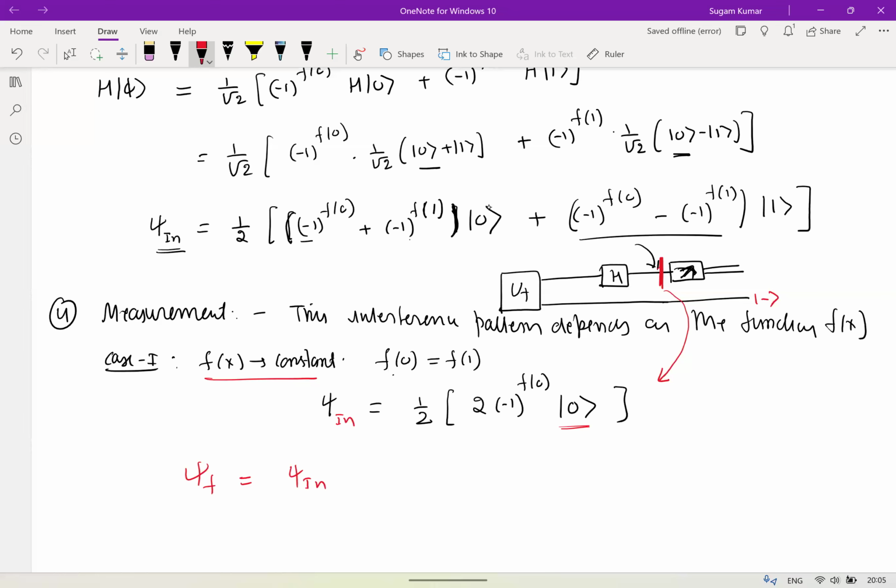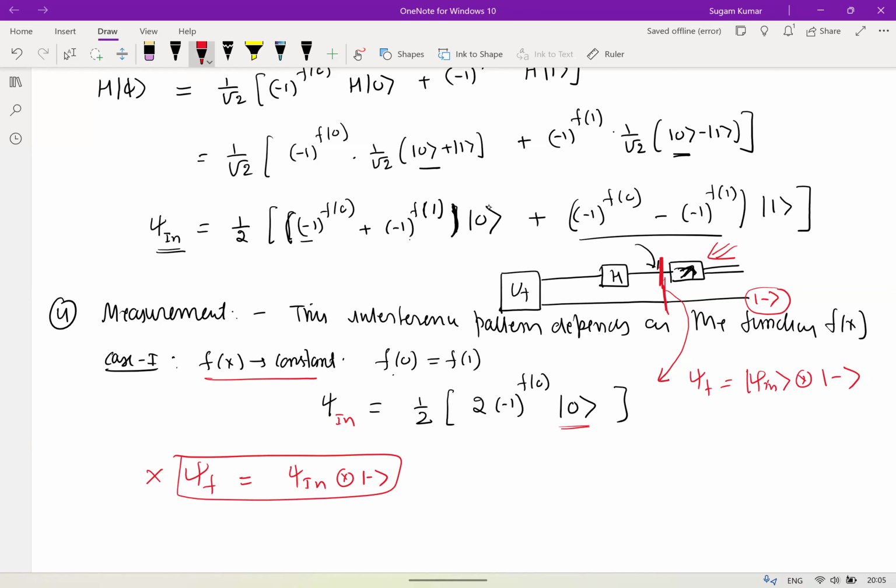Here it will be a tensor product with the negative. But this doesn't matter because the measurement we are doing is only on the first qubit, so there's no need to write down this step. At this location, the product will be psi f, which is nothing but psi in interference tensor product negative.